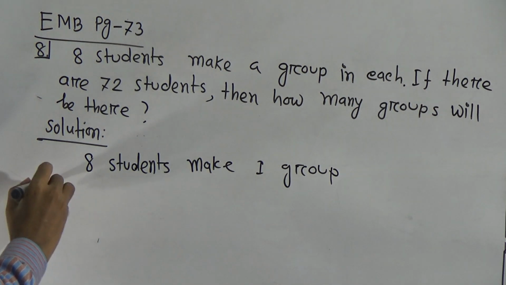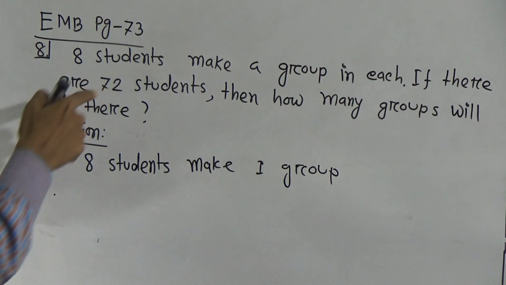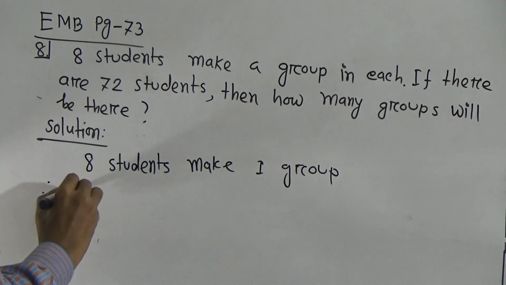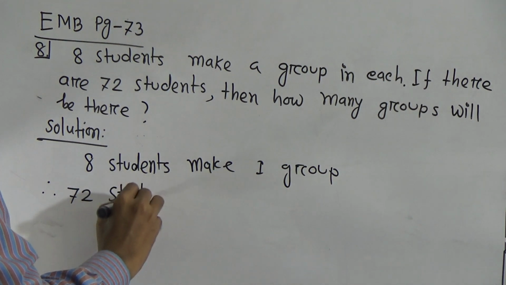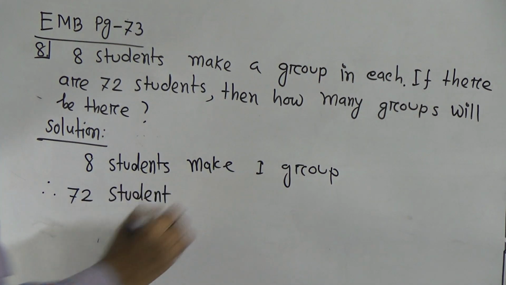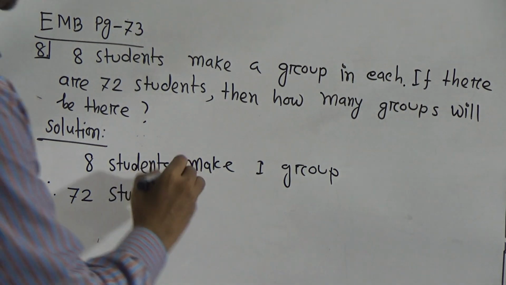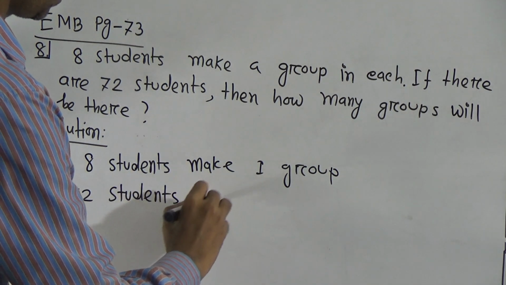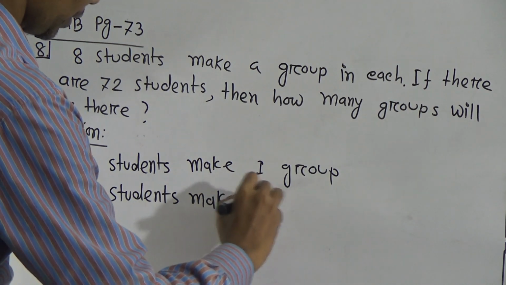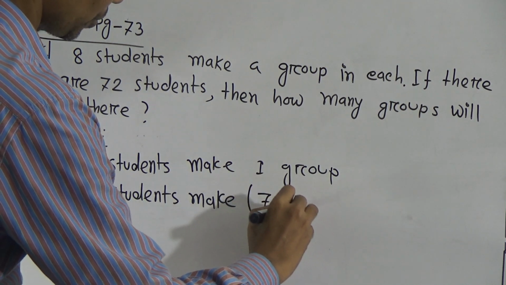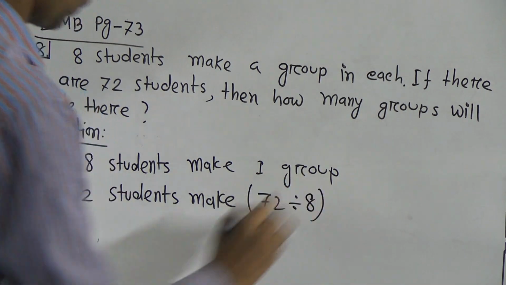Therefore, there are 72 students, so we do 72 division 8.